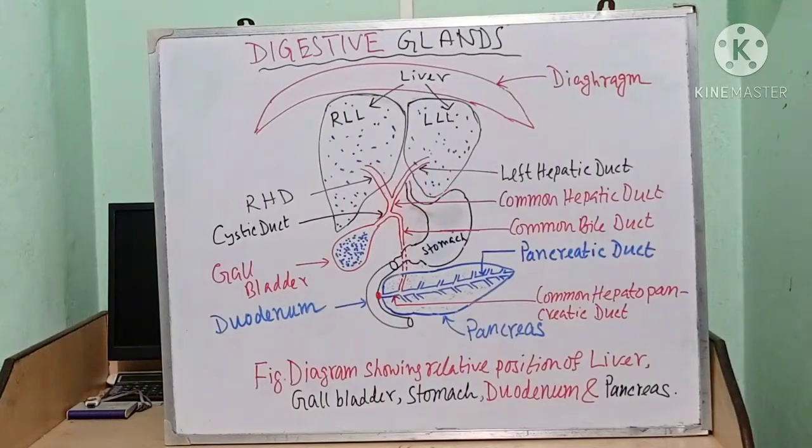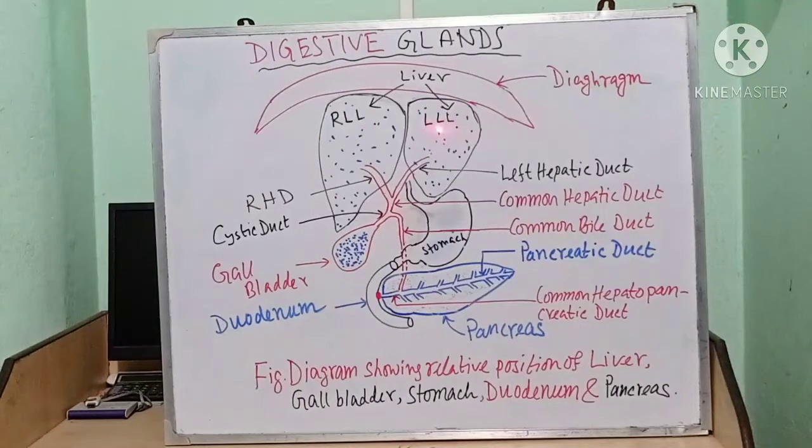Now, the upper surface of the liver is divided into two lobes, right lobe and left lobe. This is the right lobe of the liver, and this is the left lobe of the liver.